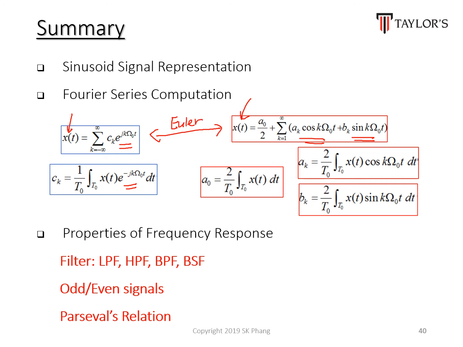Then you learned about different properties of frequency response, where you also learned about low pass filters, high pass filters, band pass filters, and band stop filters. And then you learned a little bit about the properties of the frequency response, such as odd and even signals where you have only A terms or B terms, and then finally the Parseval relation.